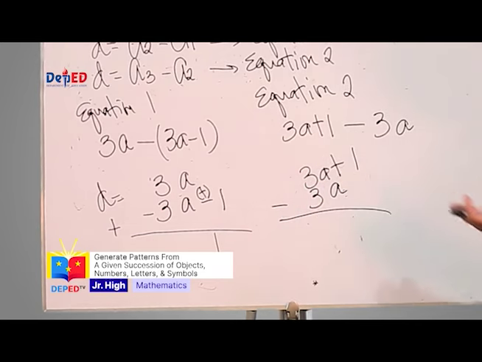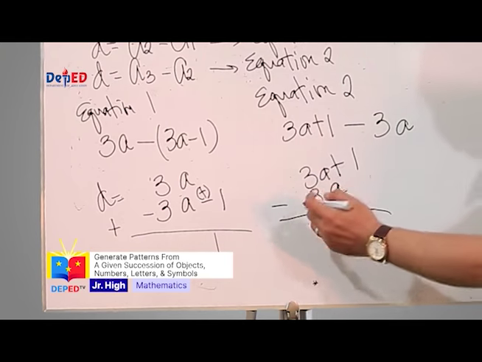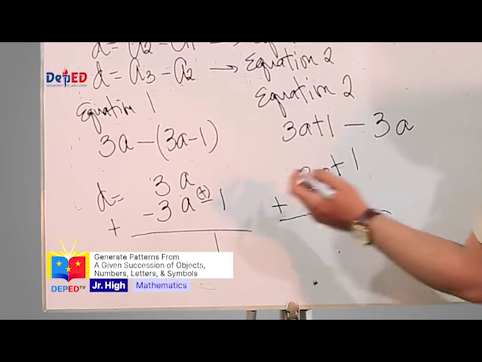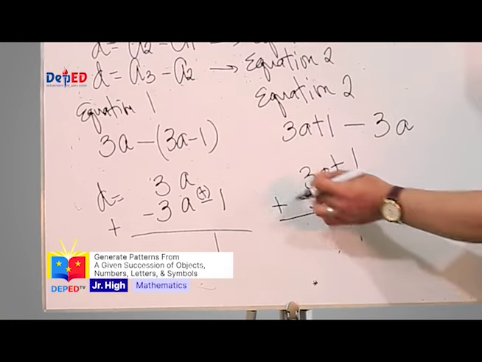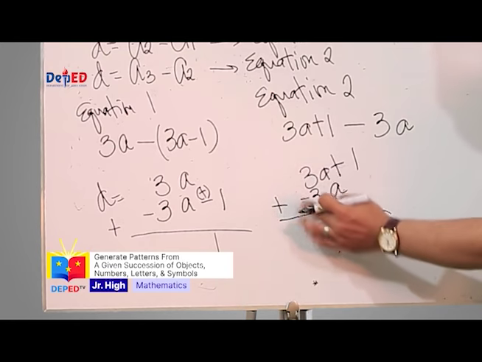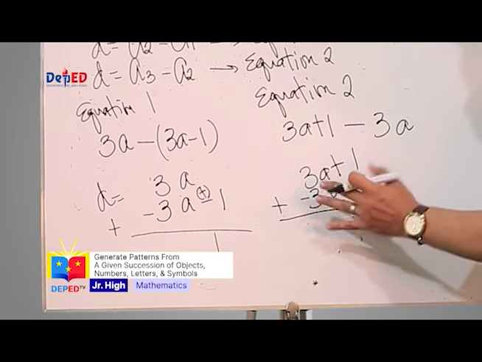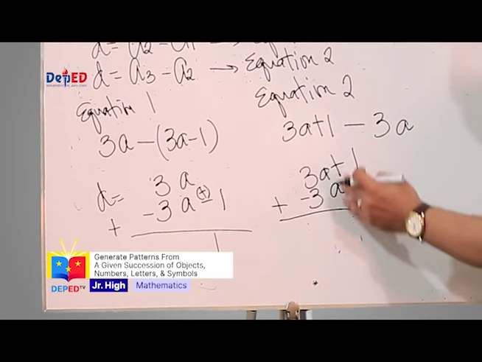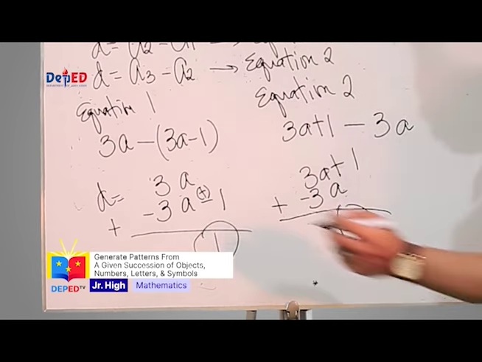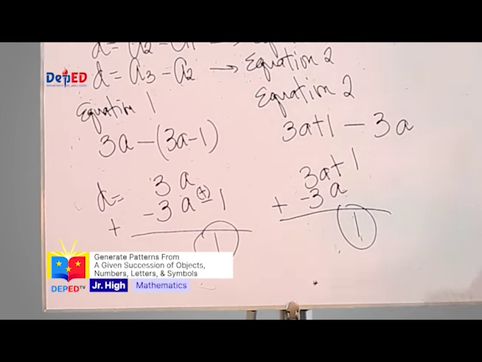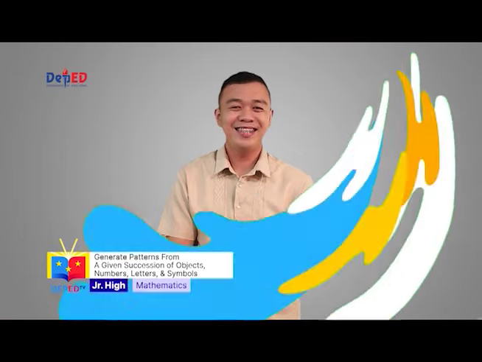Again, the sign of our subtrahend will change into its opposite, so the 3a will become negative, and we will proceed to addition rules. Again, subtract the coefficients for this part, so that's positive 3 plus negative 3 will be 0. What's left is 1. See? Regardless of the equation we used, we will arrive at the same common difference.